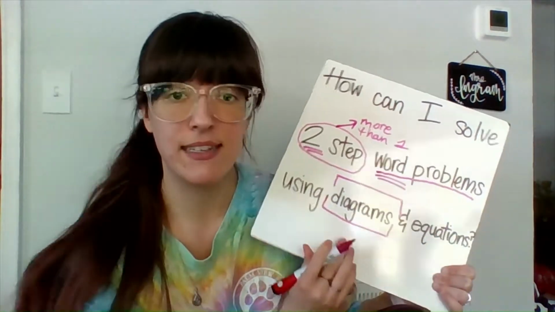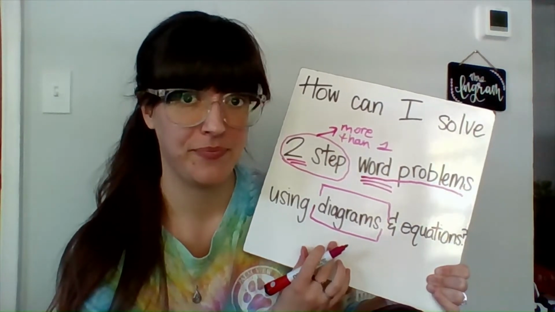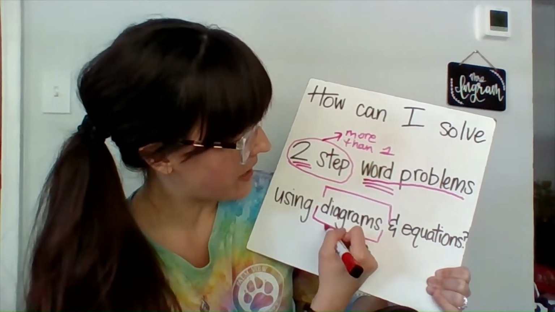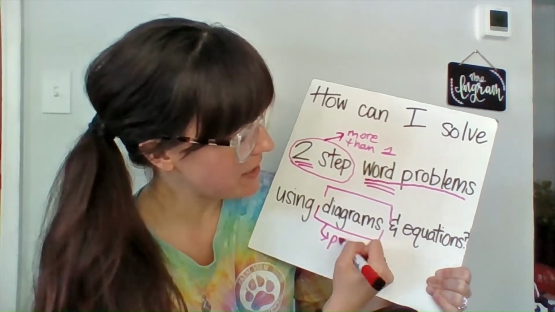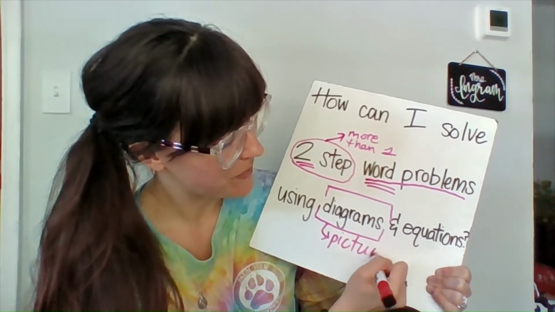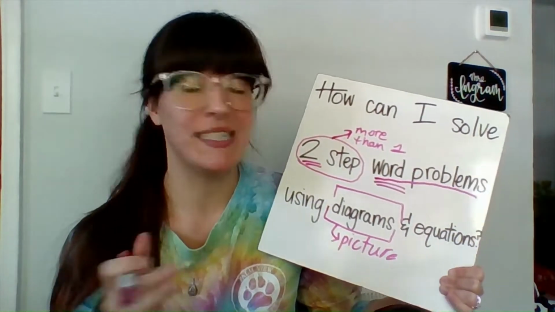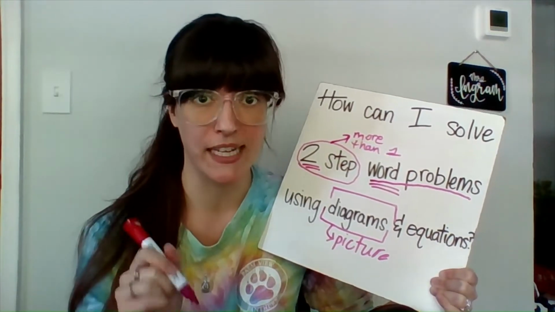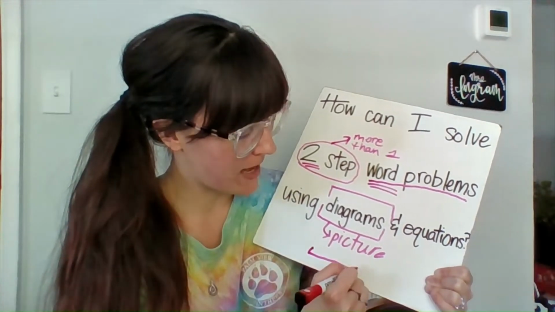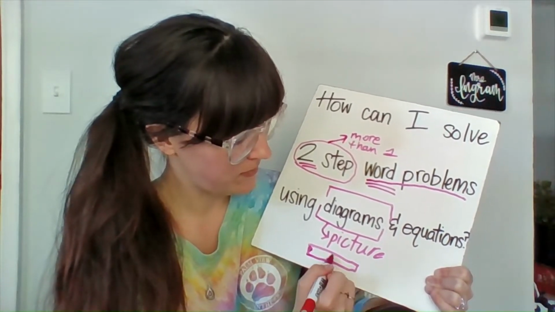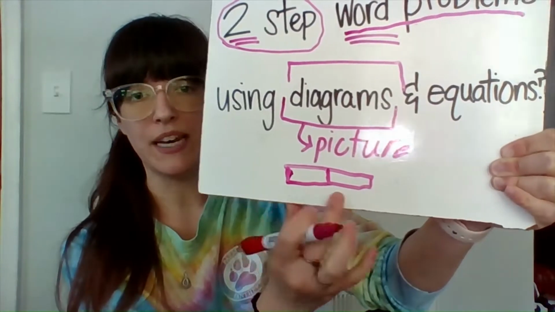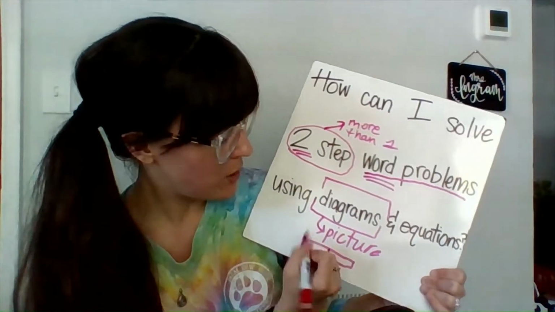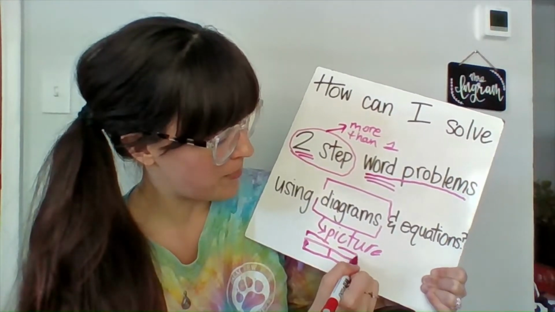What is a diagram? A diagram is a picture of some sort. So just so you know, the diagrams that you'll be seeing in your Pearson lessons are going to be bar diagrams. So remember, that's when you have something that is broken up into multiple pieces with the total at the top.